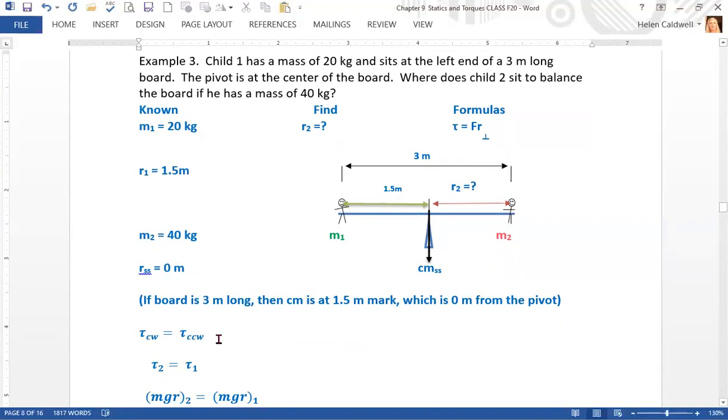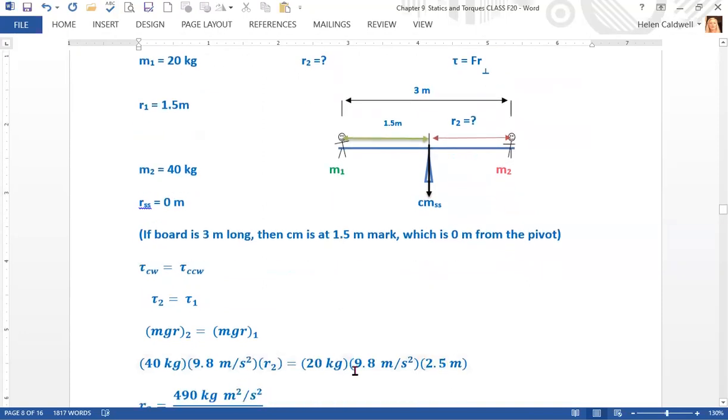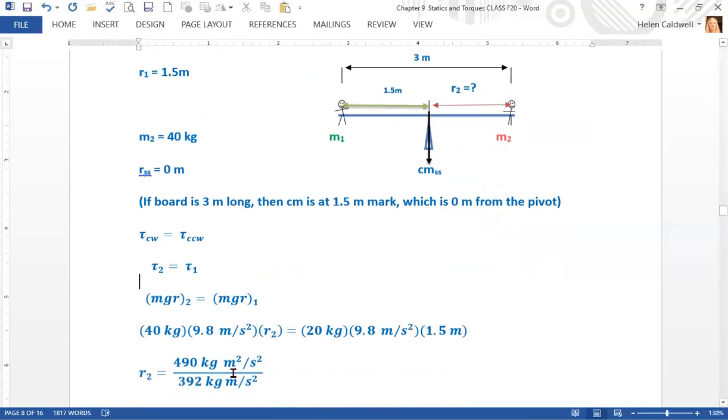All right, so clockwise torques equal counterclockwise torques. Actually, child 2 is producing the clockwise torque. Child 1 is counterclockwise. Aha, I am going to have to fix my math. Which I can do. So 40 times 9.8 is, oh, I'm sorry, is 392 kilogram meters per second squared.